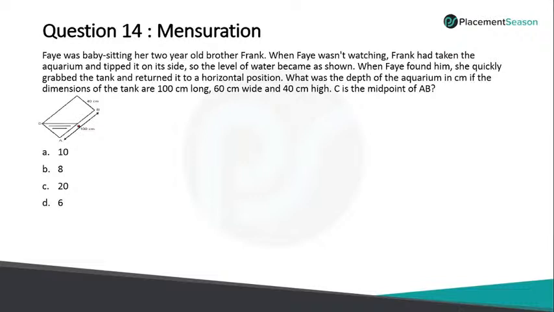When Faye found him, she quickly grabbed the tank and returned it to the horizontal position, means the original position. So what was the depth of the aquarium in centimeter if the dimensions of the tank are 100 centimeter long, 60 centimeter wide, and 40 centimeter height?